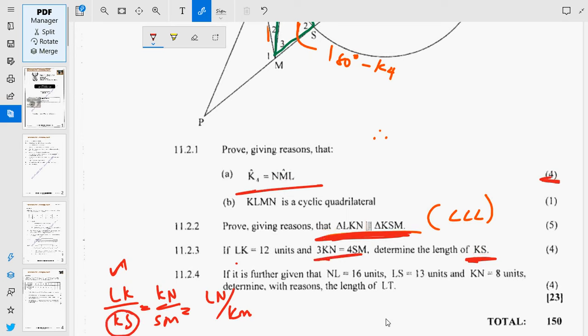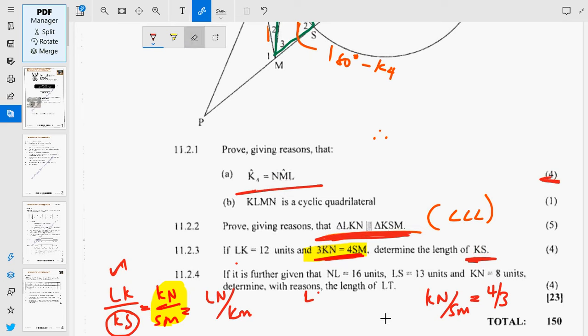Now, it's not wise to work with it like this, because you will see that if you rearrange this, then I have KN over SM equal to 4 over 3. And you can see here, I've got the ratio KN over SM, so that is what I'm going to substitute.